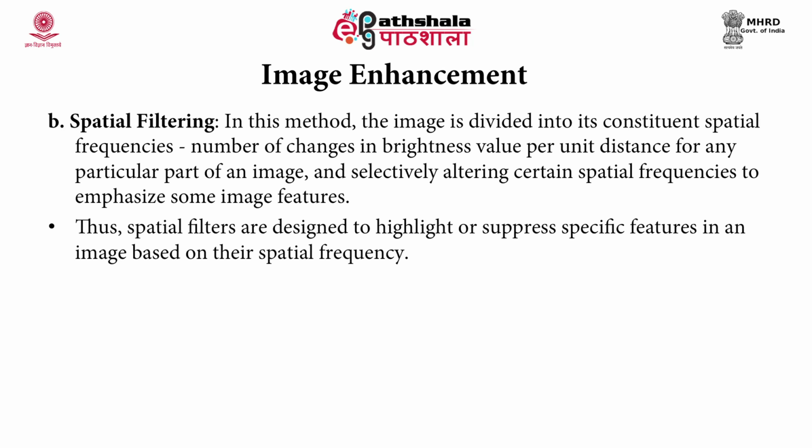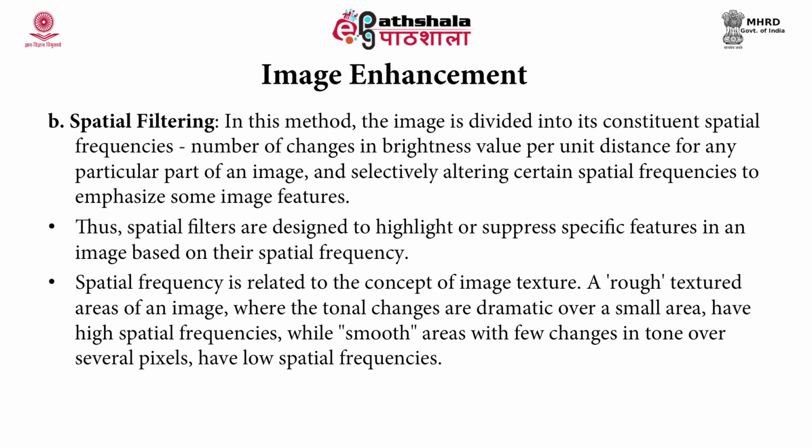Thus, spatial filters are designed to highlight or suppress specific features in an image based on their spatial frequency. Spatial frequency is related to the image texture. For example, in a rough textured area of an image, the tonal changes are very high over a small area and have very high spatial frequencies, while smooth areas with few changes in tone over several pixels have low spatial frequency.